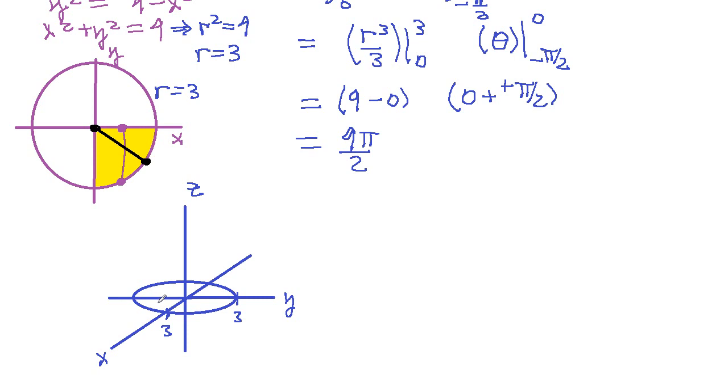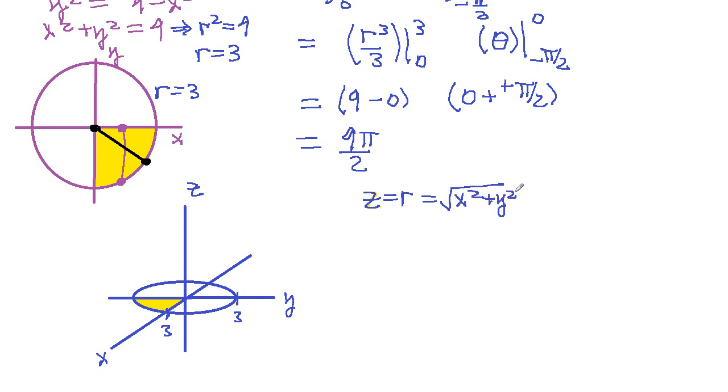So the yellow, if I go ahead and dump in paint, this yellow region is right there. And we want the volume underneath the cone. So z equals r is a cone. So z equals, whoops, get back to blue here. Z equals r is our function, which is square root of x squared plus y squared.